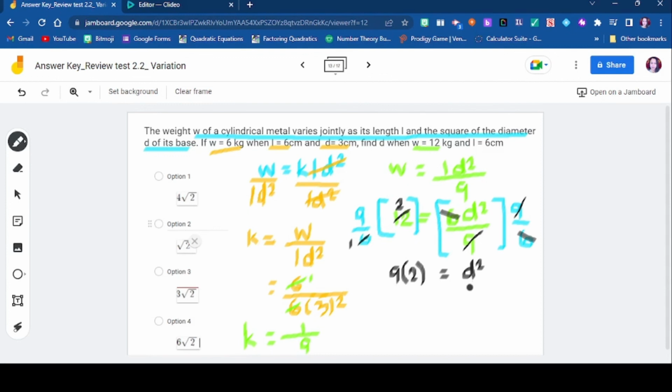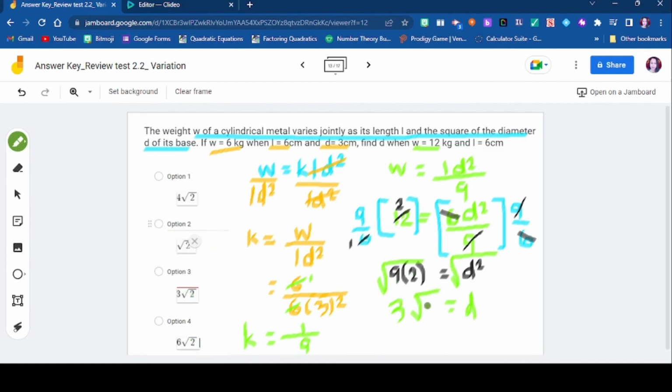So we need to find the square of D for us to find the diameter. As you can see, squared siya. So we need to take the square root rather. So that will become like that. Then square root of D squared will be D. And the square root of 9, we are all aware that it is 3. And the square root of 2 cannot be answered, or the answer will be decimal, since the options there are all in radical symbol.